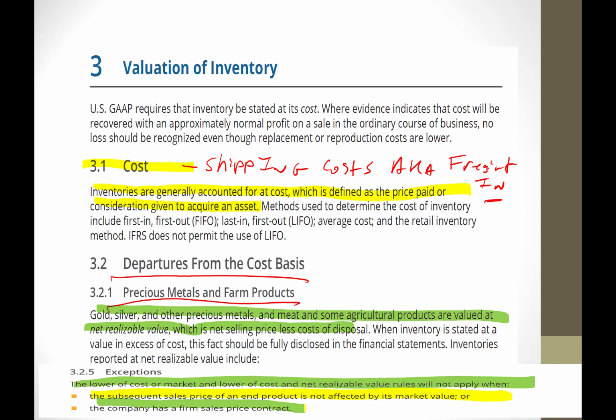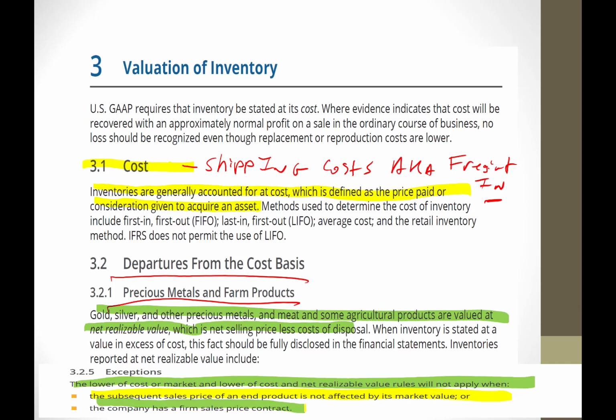Who's going to suffer the loss? The buyer will suffer the loss. So the buyer will have to literally take a loss and a contingent liability, even if they haven't formally purchased that yet, because they have a contract to buy that. So that's on the buyer if there's a firm contract, and the seller continues to carry that inventory at cost.